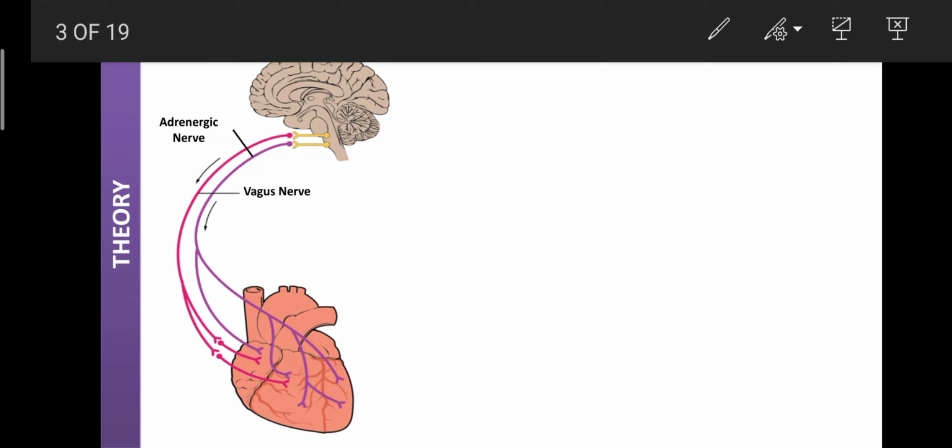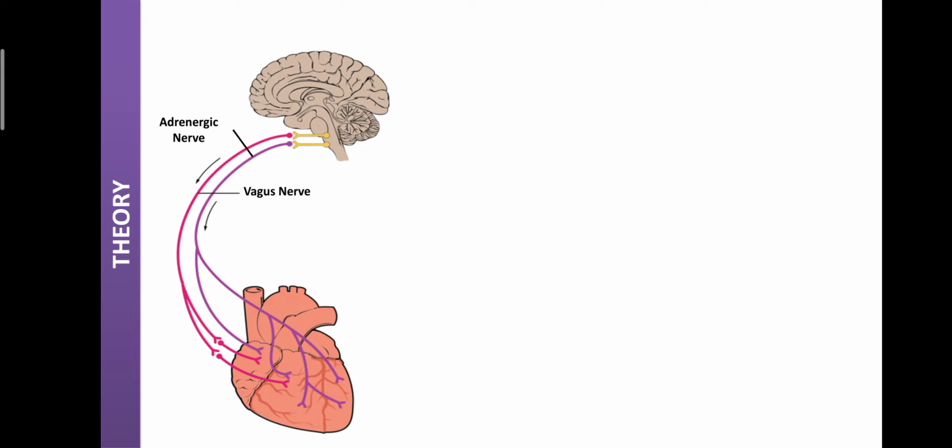Regarding theory, dear students, heart function is mainly regulated by two nervous systems, the parasympathetic nervous system and the sympathetic nervous system.